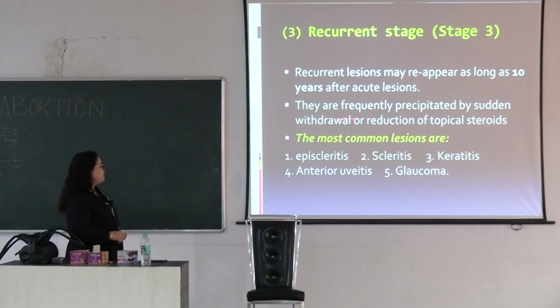If the patient is using topical steroids and stops suddenly or reduces the dose, then the recurrent stage occurs. If the episclera is affected in this stage, it is called episcleritis; also scleritis, keratitis, anterior uveitis. Due to the involvement of the uvea and trabecular meshwork, glaucoma is also precipitated.